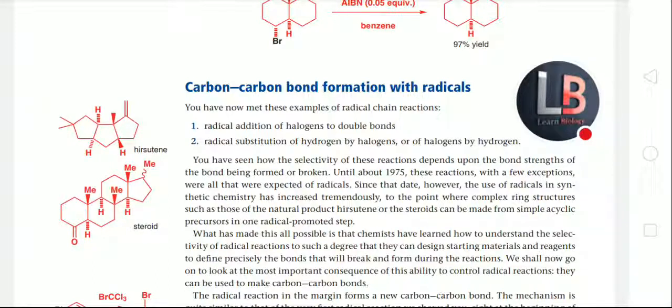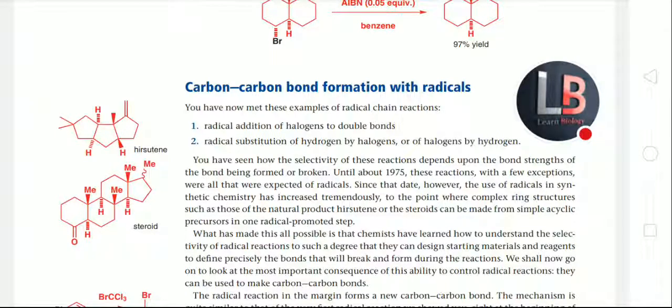What has made this all possible is that chemists have learned how to understand the selectivity of radical reactions to such a degree that they can design starting materials and reagents to define precisely the bonds that will break and form during the reactions. We shall now go on to look at the most important consequences of this ability to control radical reactions.